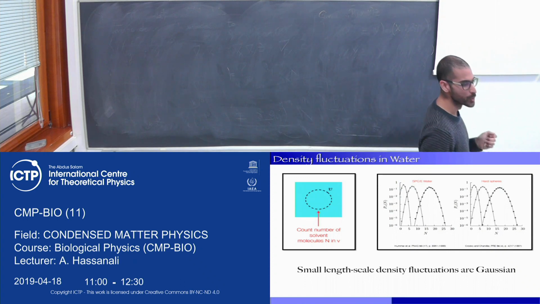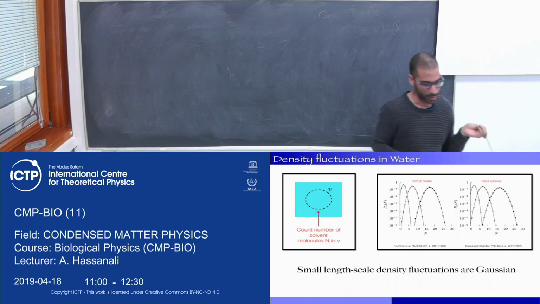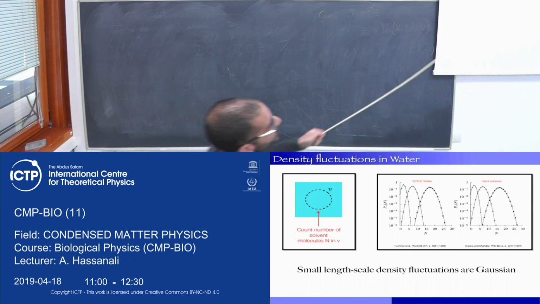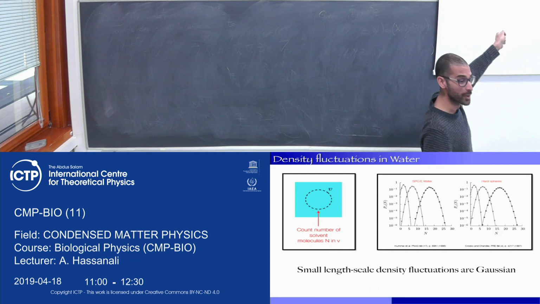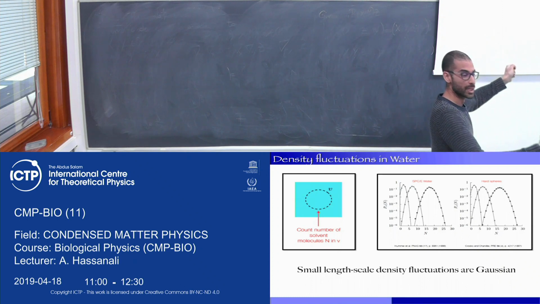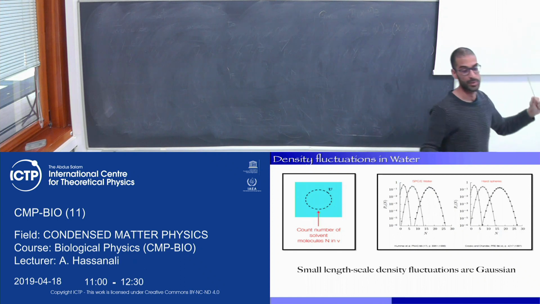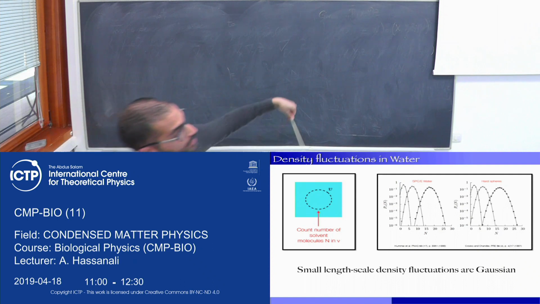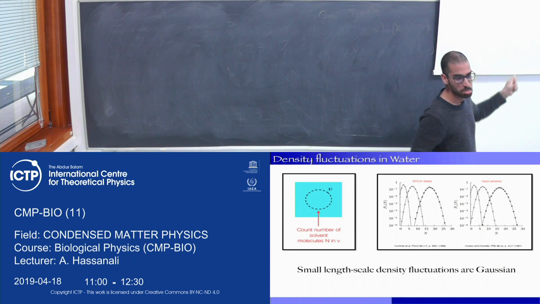And there are two things I want you to take away from this. One is that the statistics of these fluctuations have been shown to be Gaussian-like. Okay, so the statistics of the number density fluctuations are Gaussian-like. And two, this goes back to our discussion of the similarity between the radial distribution function of a complex liquid like water and a simple thing like hard spheres. So you can do the same exercise with hard spheres and you get very similar results.